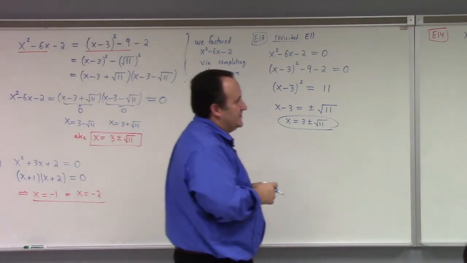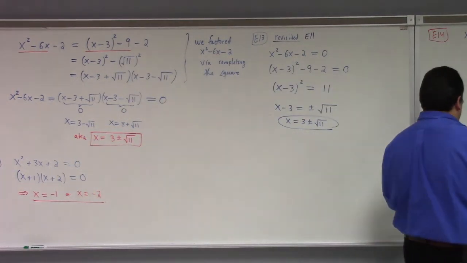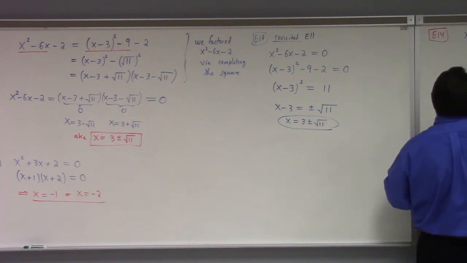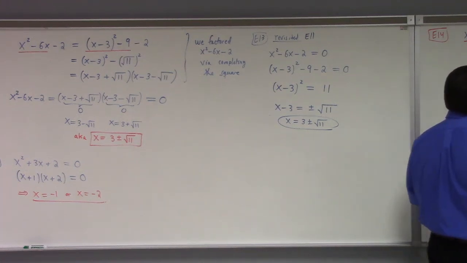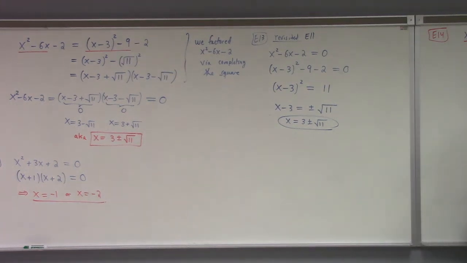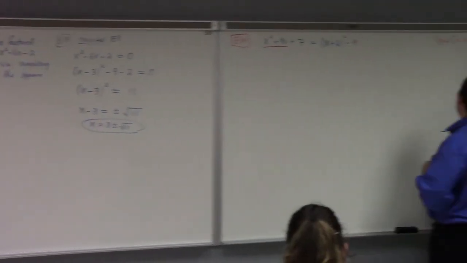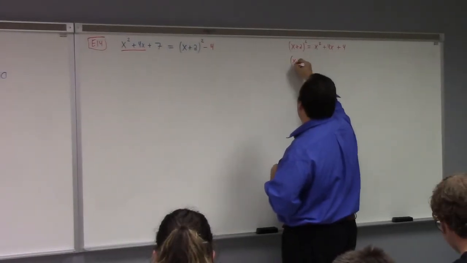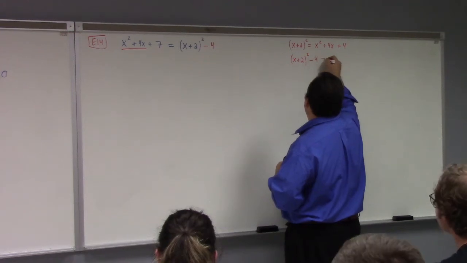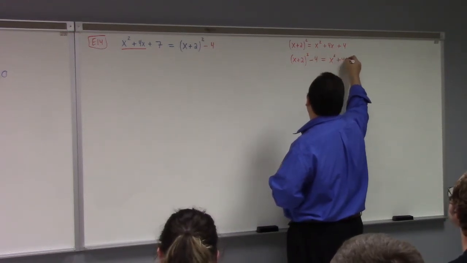What should I subtract here to be fair? I need to subtract 4. So just to be clear here, (x plus 2) squared is x squared plus 4x plus 4, right? So (x plus 2) squared minus 4 is equal to x squared plus 4x.